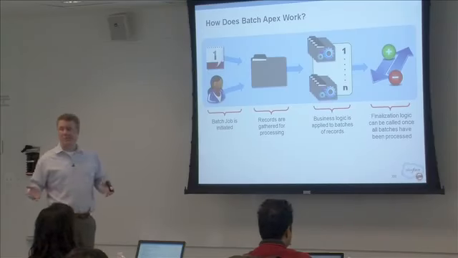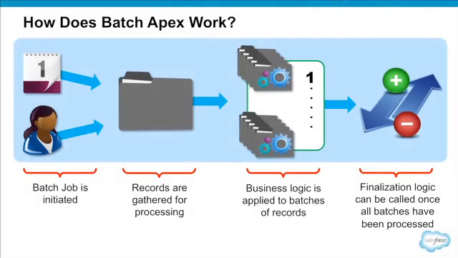Let's say we have 10 million records, we break it up into smaller chunks and then process those chunks of data. After it's all completed, we then execute some finalization logic. You might want to send yourself an email saying my batch job is done, or update some record somewhere, some sort of indicator that you've successfully completed it.